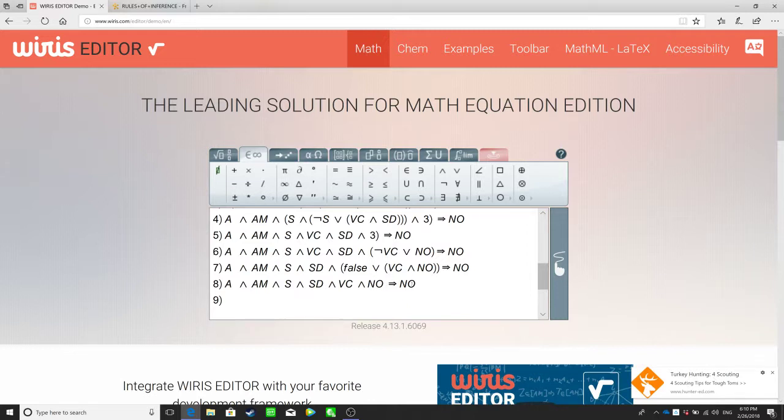Negation P1 or NO, right? So it becomes negation. Okay, negation.